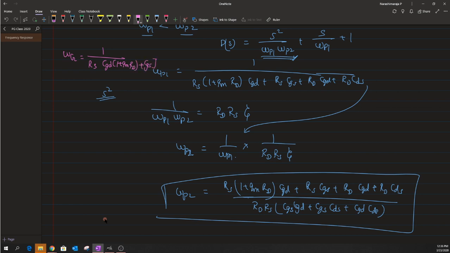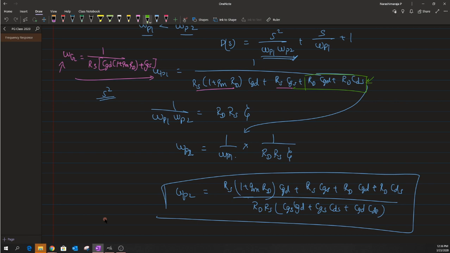This was the pole frequency that we evaluated at the gate when we used Miller's method. But when I look here at omega p1, we still have the same expression of Rs into 1 plus gm RD into CGD along with CGS. But there is an extra term that gets added when we really compute the real transfer function.